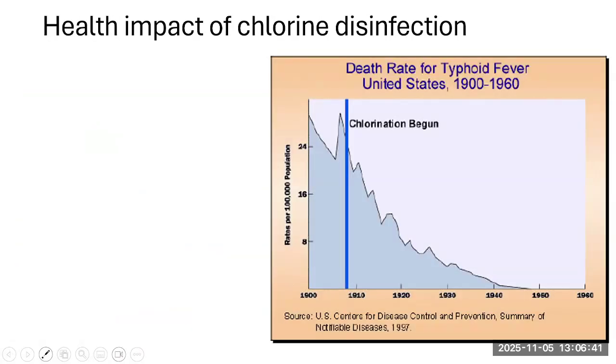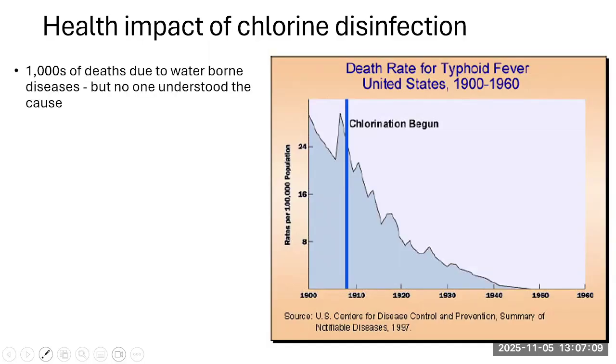So this slide here will show us some of the importance behind chlorine disinfection. When we look at this, it shows the number of deaths per 100,000 people, starting back in the 1900s. As you can see, there were considerable number of deaths early on, and they've become fewer and fewer.